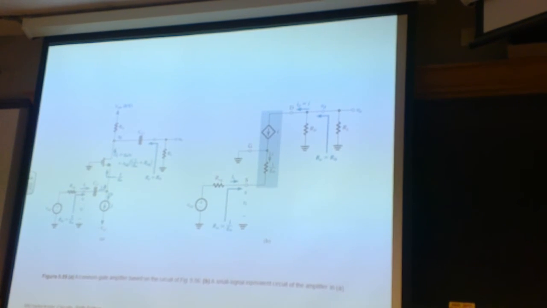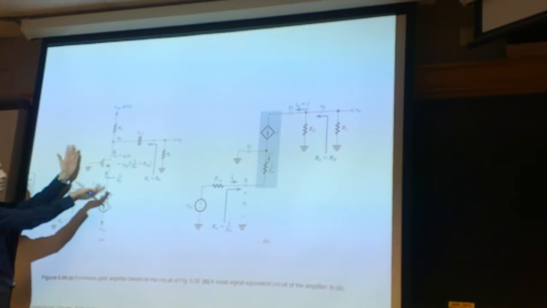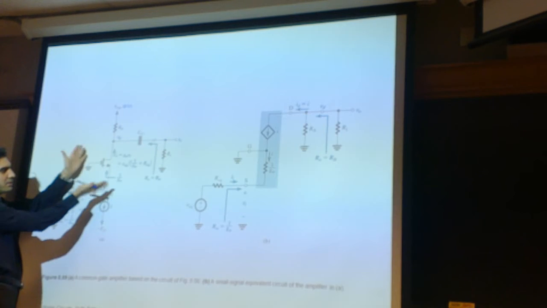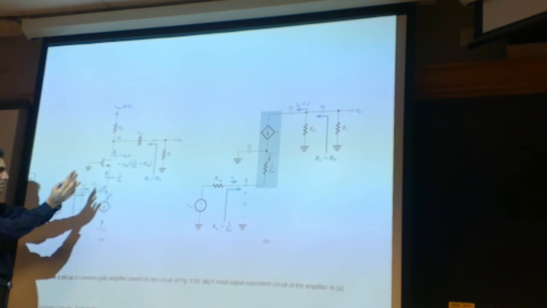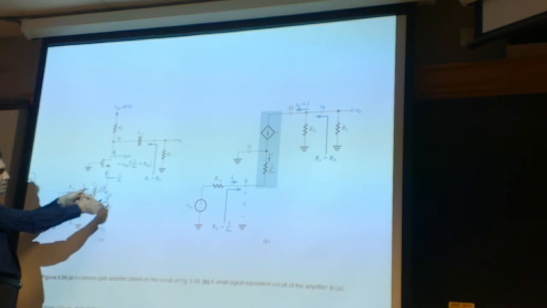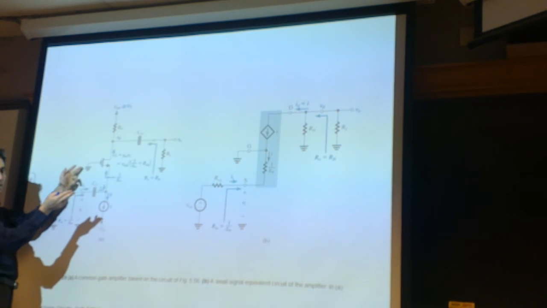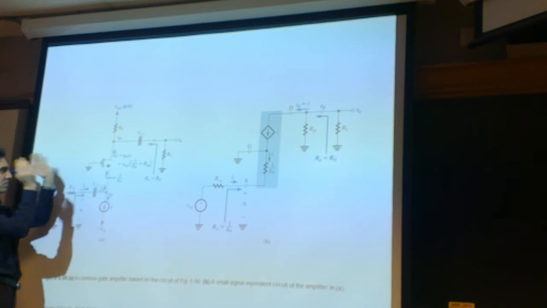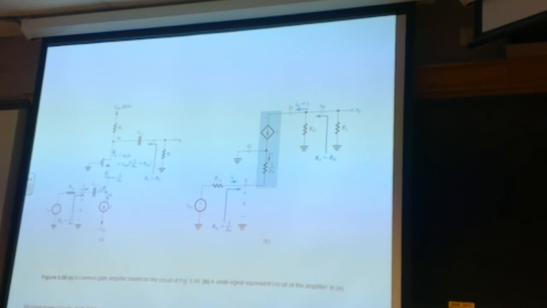I'm just saying that if you apply negative VGS, there's a VGS in this circuit. Based on this current, you're going to get a VGS, and that VGS is positive. Let's say, for the sake of discussion, VGS is 2 volts, okay?